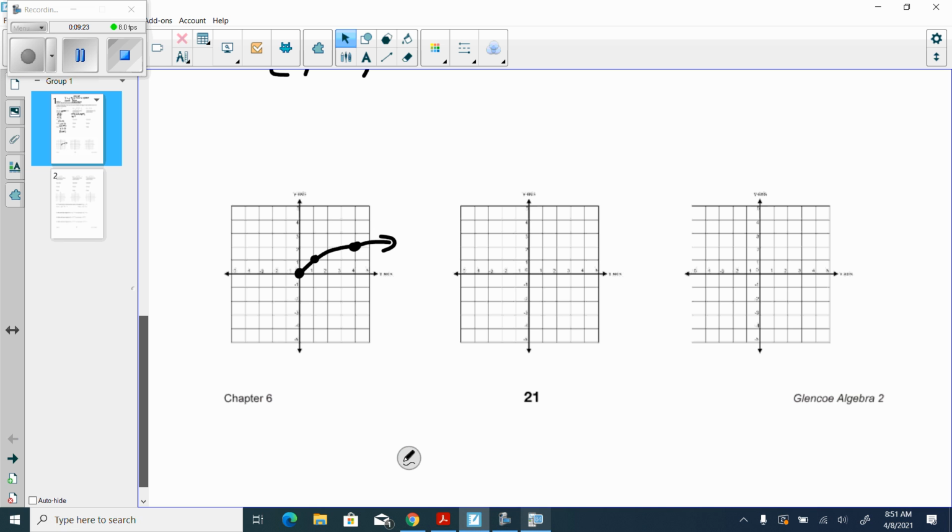So instead of being at 0, 0, we said that we needed to move right 3 and up 2. So now my starting point is here. Okay? And then we're just going to move the other points in relation to that.